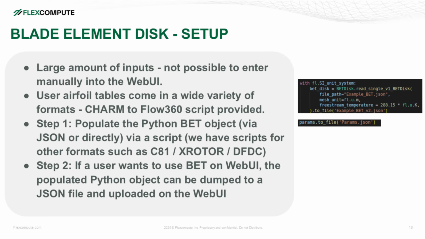Blade element disk setup requires more detailed inputs, including chord distribution, twist distribution, airfoil tables, Reynolds number and Mach dependencies, and rotational speed. Because of the complexity, the Python API is recommended. Converters are available to translate data from common rotor analysis tools into Flow360 compatible JSON formats.